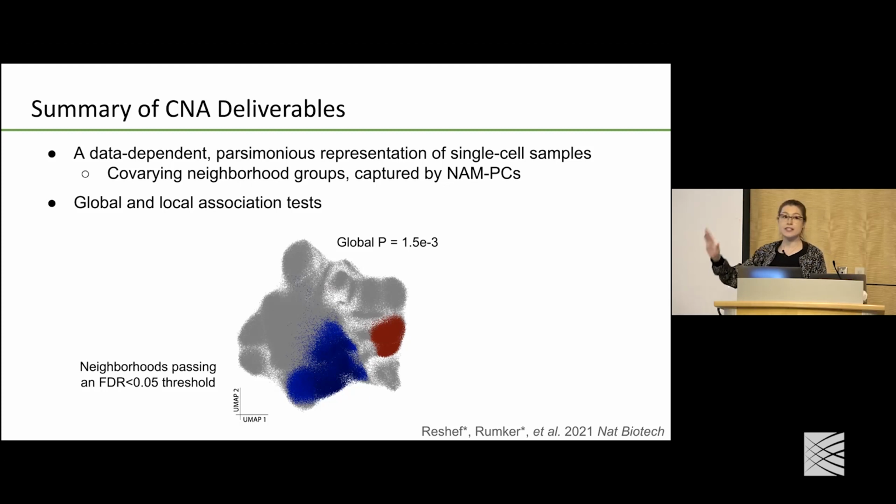Here, all of the cells are in gray, except those that passed our FDR correction. The neighborhoods that have a positive correlation to our attribute are shown in red. That reflects a population that has been expanded in our case samples relative to our control samples. And conversely, the neighborhoods shown in blue are those that have a negative abundance correlation to our attribute of interest, meaning that's a cell population that's depleted in our cases relative to our controls.